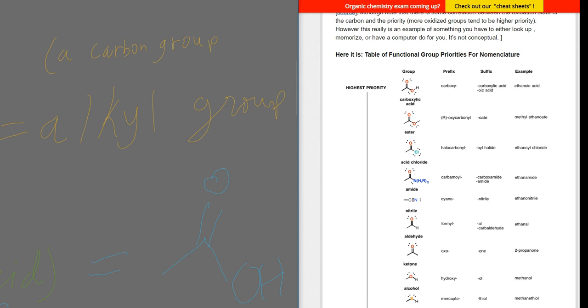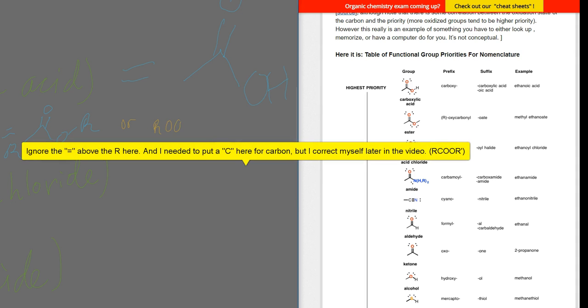Alkyl group. An alkyl group is basically saying a carbon group of something. It's a generic name, if I'm not mistaken. This is basically saying OR. Here we can put a prime symbol to indicate that it's something else. Basically, there's an alkyl group on that single bonded oxygen.